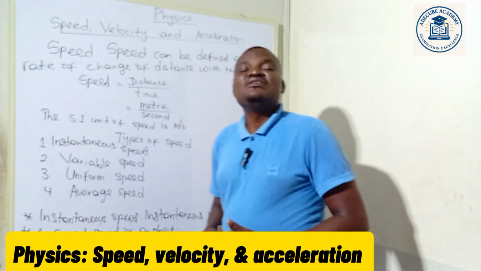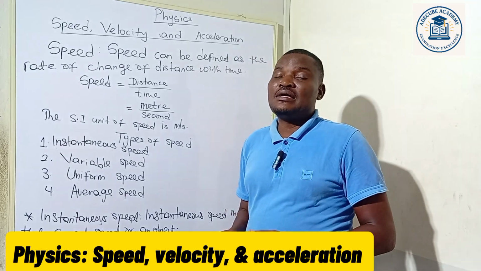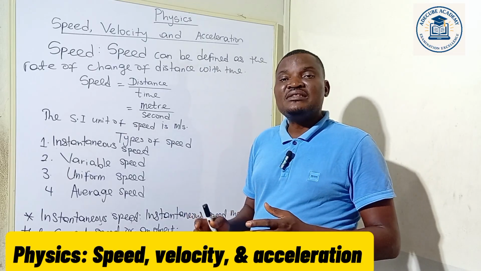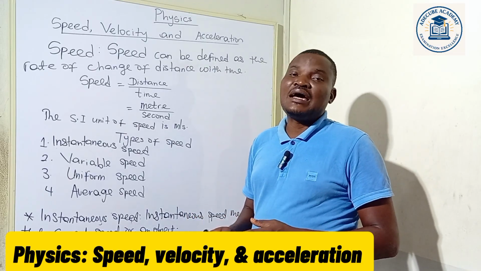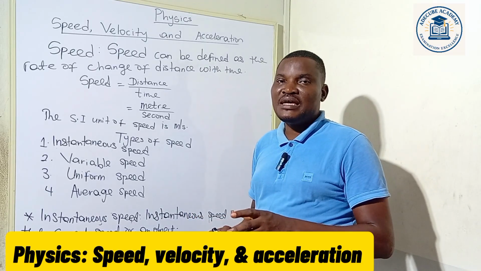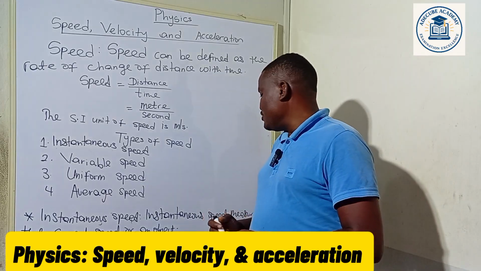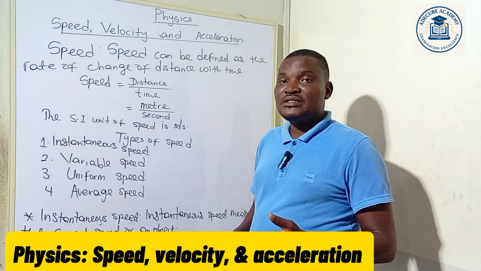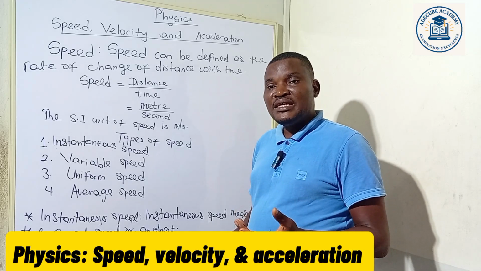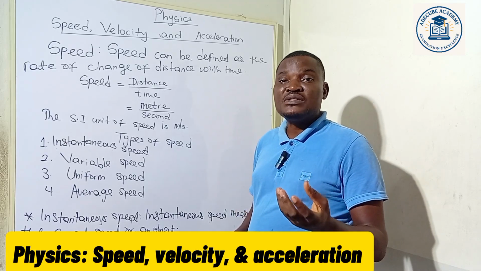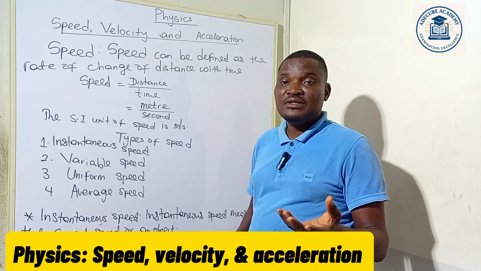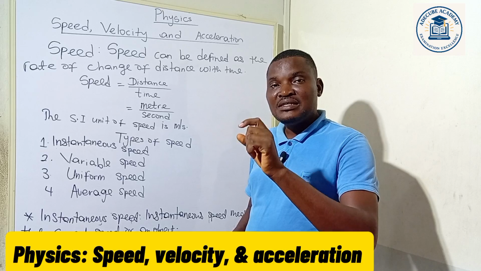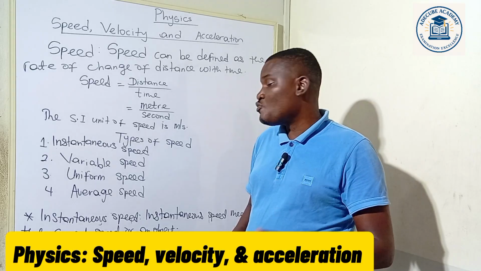For instance, the speedometer of a car will give you the exact or current speed of that car at that particular time. So instantaneous speed measures what? The current speed of an object. It is the speed that you see in your speedometer when you are driving a car, so it indicates your current speed.